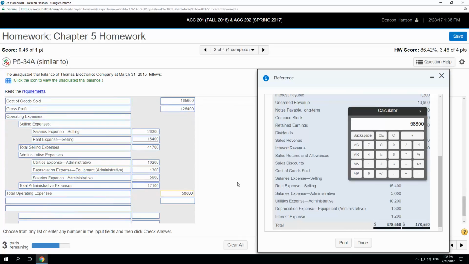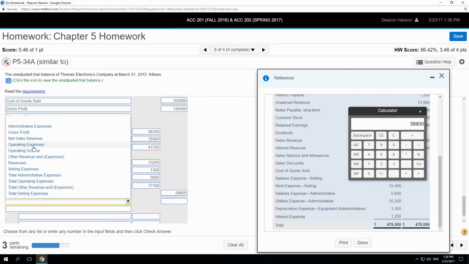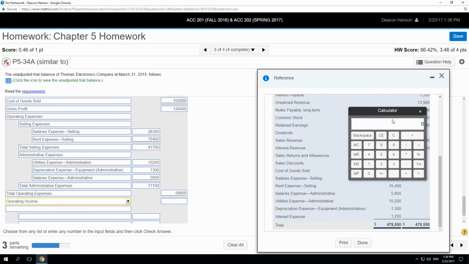Okay. So we're doing a multi-step income statement. There's multiple steps involved. Now I need to subtract my total operating expenses from my gross profit, and that'll give me my operating income. So I'm going to take 126,400 subtract 58,800.